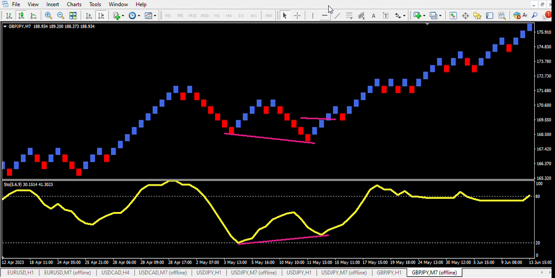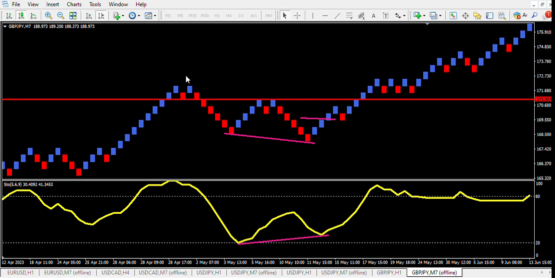Well, in this situation, when you look left, you could have said this would have been maybe a zone where you want to take some profit. Not a whole lot of money on the table there, but there's 150 pips.